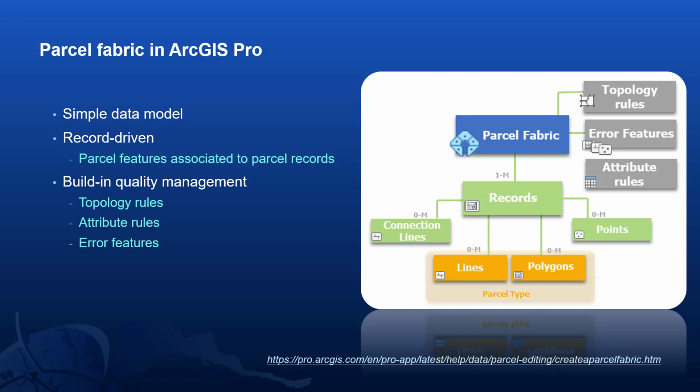And when you validate those, you might generate error features, which as a result, as you can see here in the diagram, both points, connection lines, lines and polygons, everything is associated to the records. It has the information to know what record was associated when it was created, or even when retired.